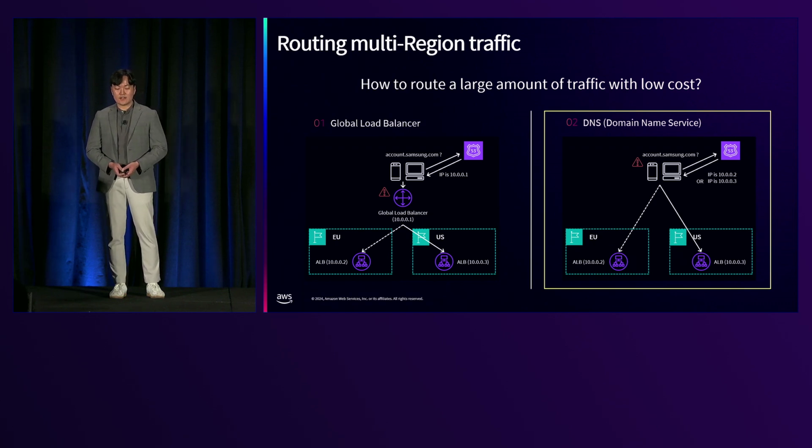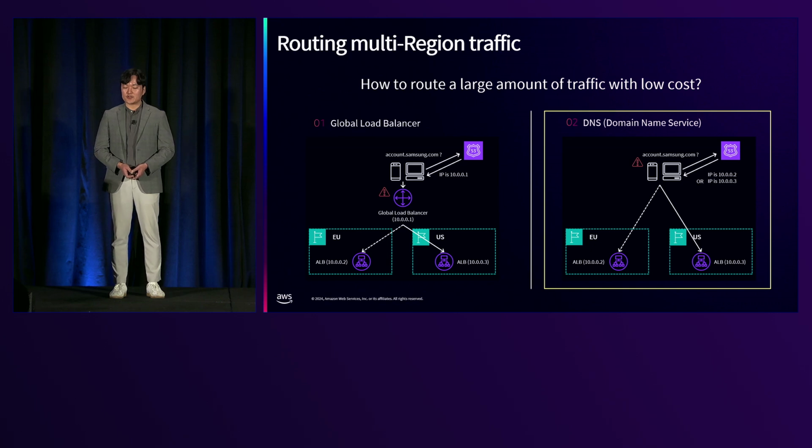We devised a DNS-based traffic routing control method. This approach utilizes Amazon Route 53 to modify DNS records to another region in the event of regional impairments, thus altering the client access IP without requiring a global load balancer.